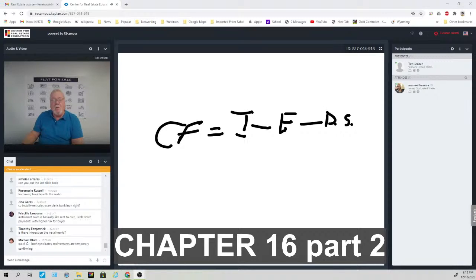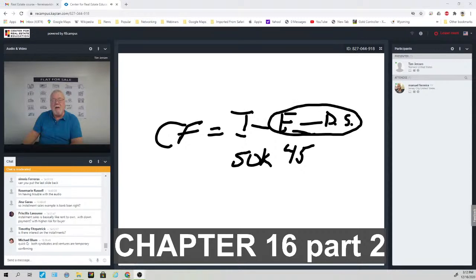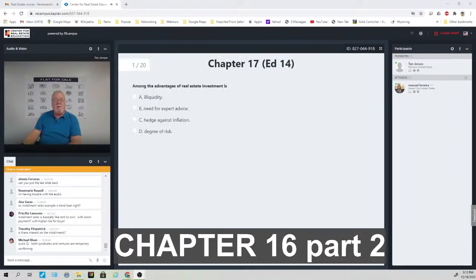So income was 50,000. Total expenses were 45,000 because it was expenses plus debt service together. Therefore, the cash flow equaled $5,000. Remember, cash flow is what's left over after all expenses and debt service is paid. So the mortgage payment of $35,000 was included in the $45,000 of expenses. So A was the correct answer.